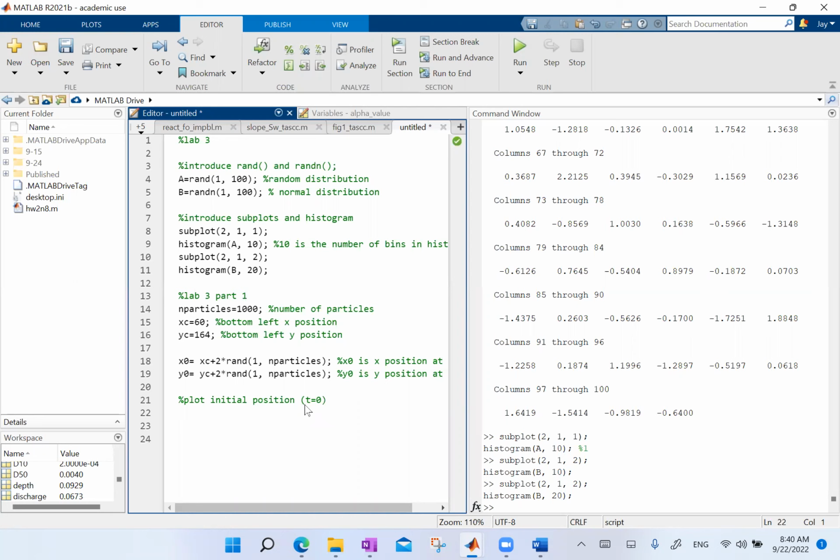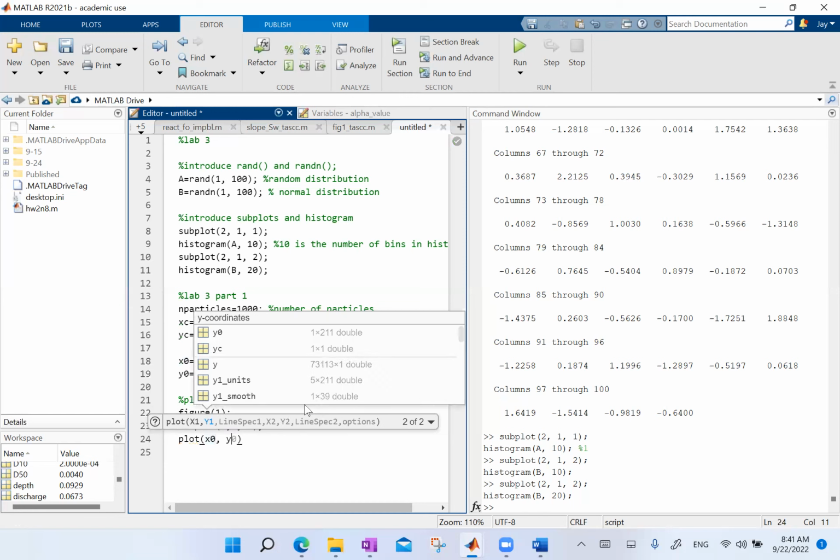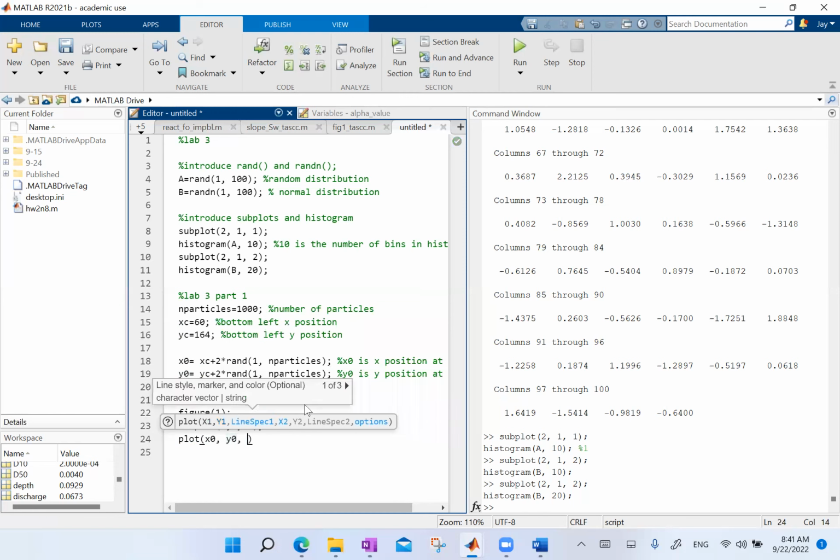So I'm going to call it figure 1. And subplot, now this at t equals 0, I'm going to plot the figure in the first part of the figure. So subplot is going to have 3 rows, 1 column. In this case, this is the first figure we're going to plot in the subplot. And then we're going to plot x0, y0 against y0. And the color, I'm going to use black.